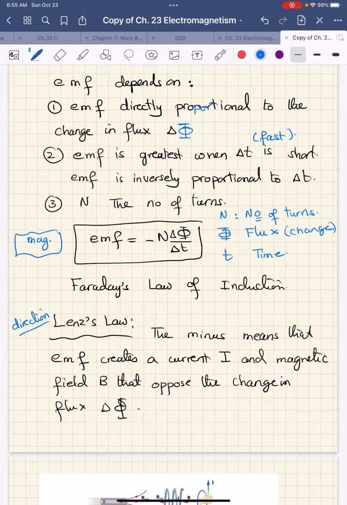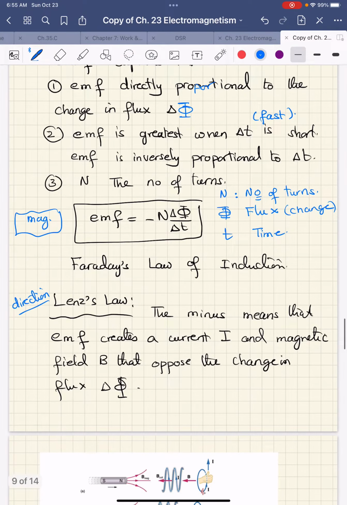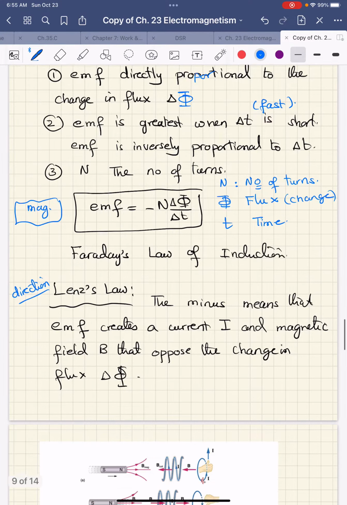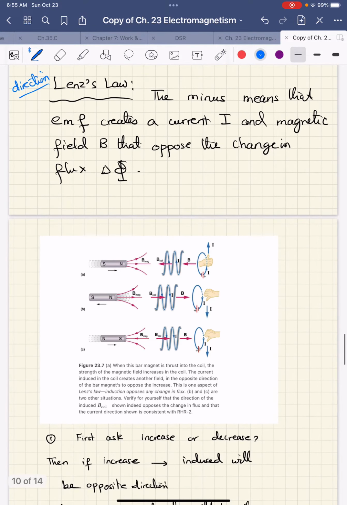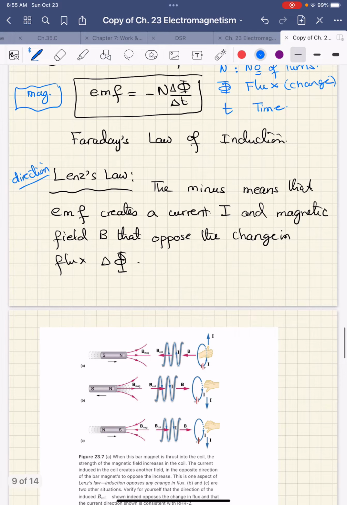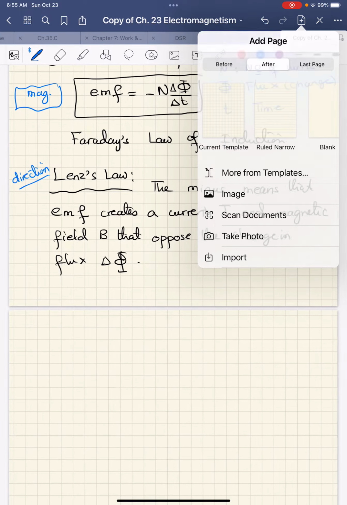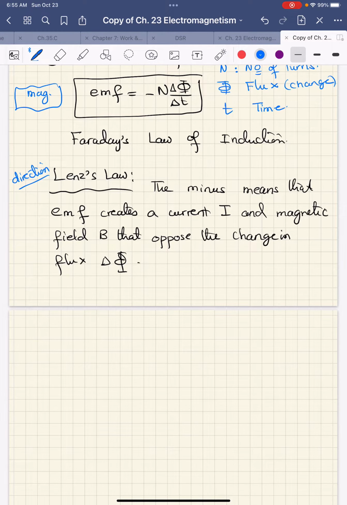To find its direction, we use Lenz's law. The minus means that the EMF creates a current I and a magnetic field B that oppose the change in the flux delta phi. Which means here, I want to say something more about it.